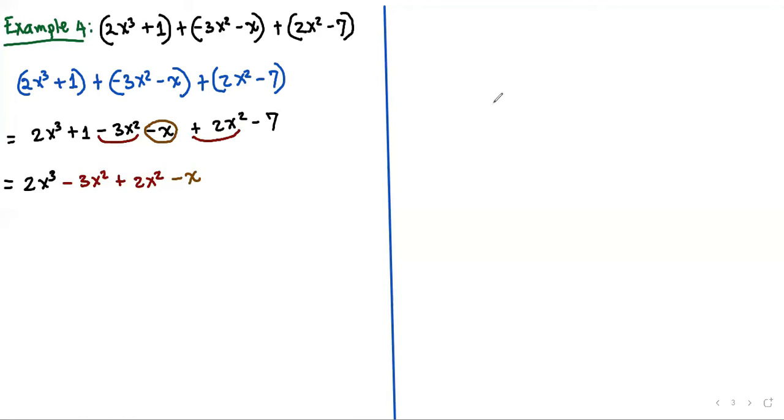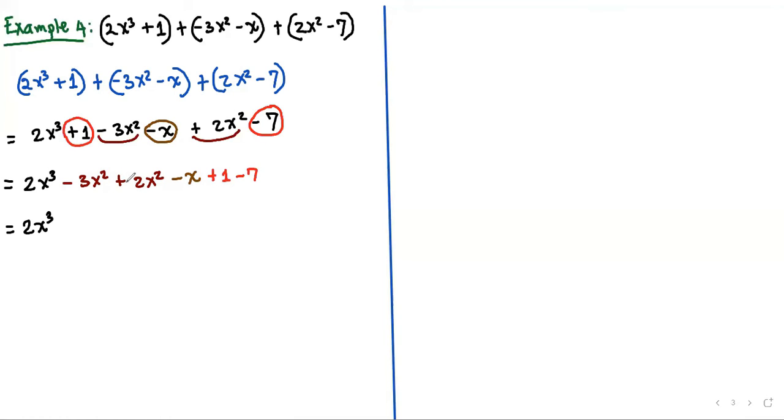Okay. Now, let's get to the constants. We are having this one, plus 1 and minus 7. So we write plus 1 minus 7. Okay. I hope that is understood. Okay. Now, let's have 2x cubed minus 3x squared plus 2x squared. What do we get?